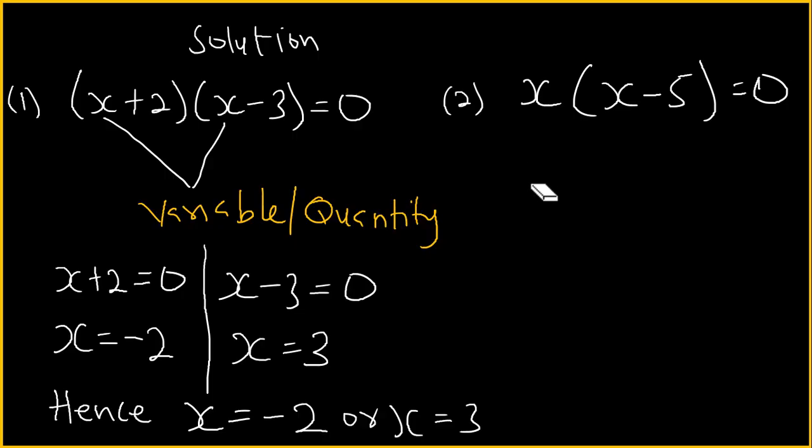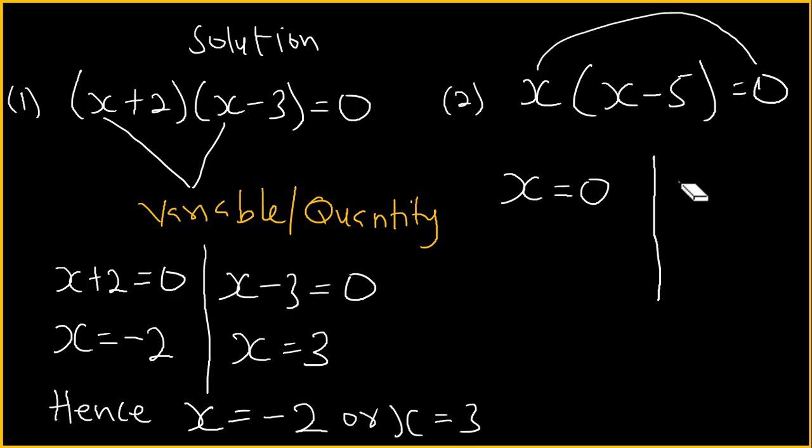Similar to what we did in the first question, if the factors are already grouped, just create a thin line and separate them. Here we have x, which is factored out from this bracket, and our x is equated to 0. And our factor x minus 5 is also equated to 0.